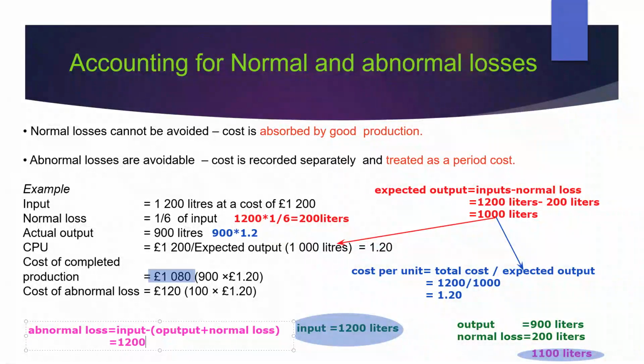So 1,200 minus 1,100 means we are getting a difference of 100 liters. So this is known as the abnormal loss.